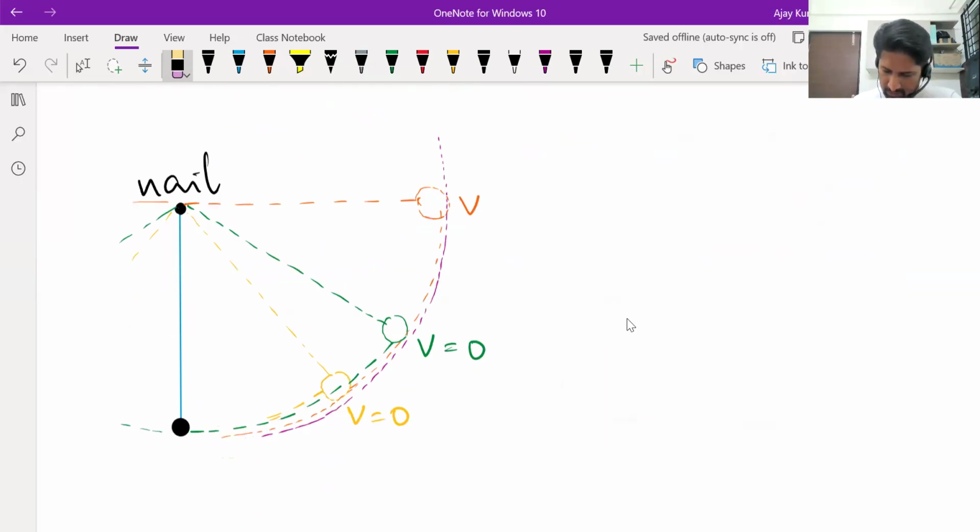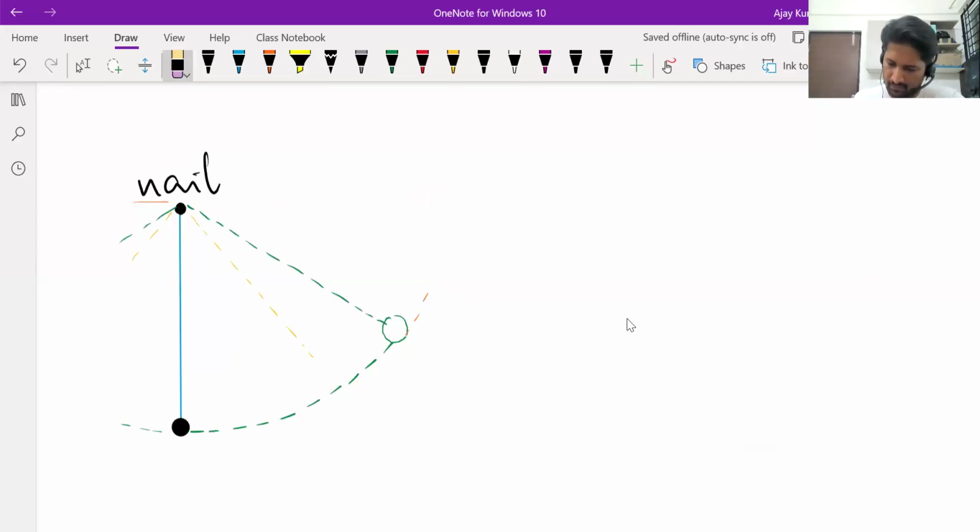Let's say the bob is not released, the bob is pushed such that it gets a velocity u. Let the length be L. Assume it is known. Let the speed here at the bottommost position be u.